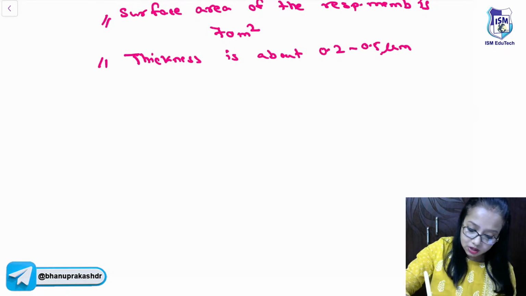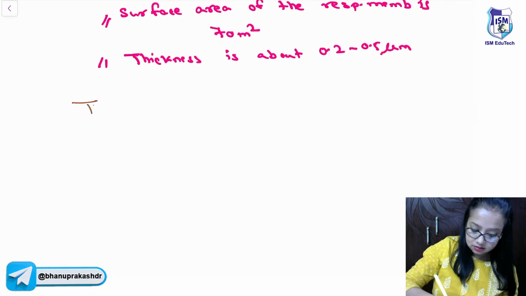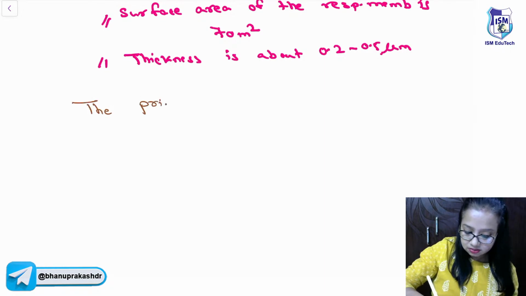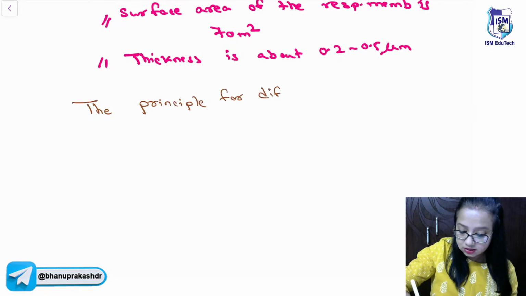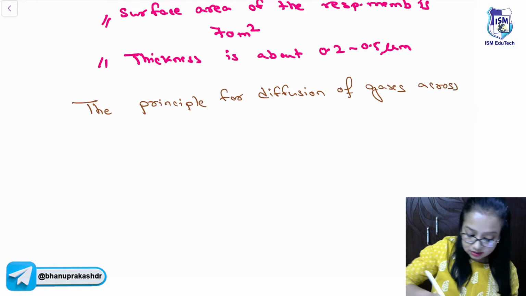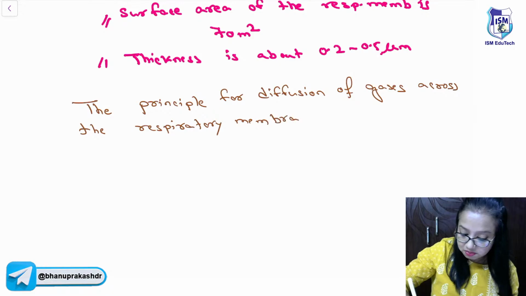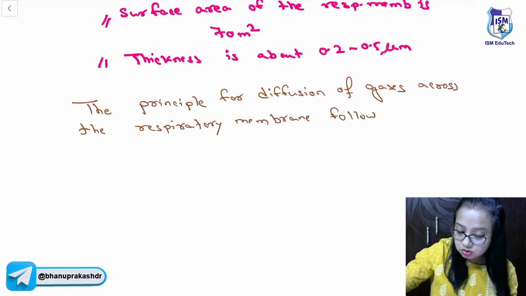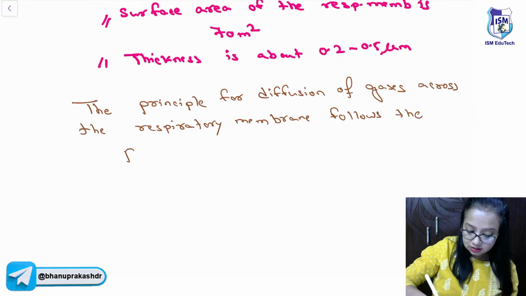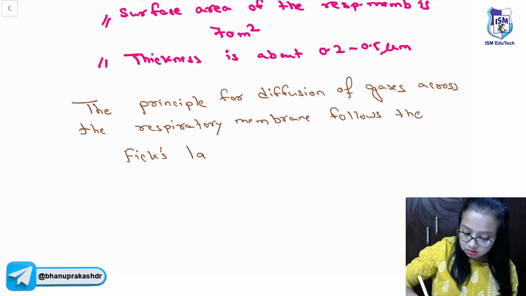So, the principle for diffusion of gases across the respiratory membrane follows Fick's law of diffusion.